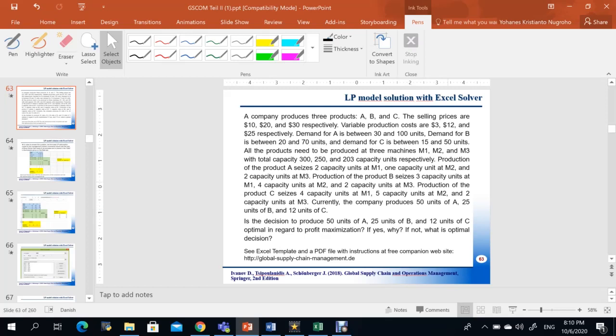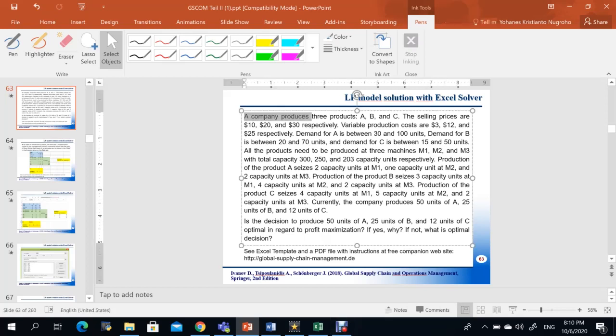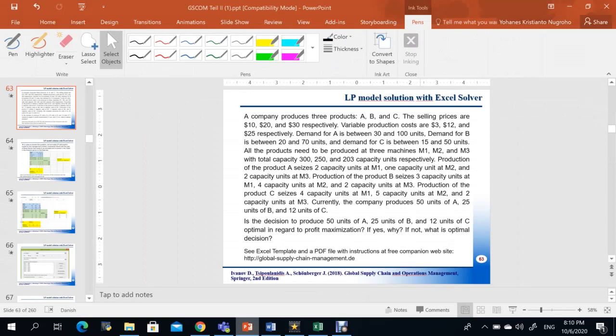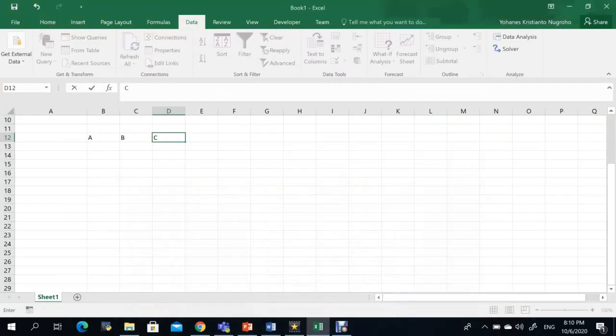Okay, let's start from the first sentence here. A company produces 3 products A, B, and C. Let's say here A, B, C. Alright. Now we go again to our presentation. The selling prices are 10, 20, and 30.